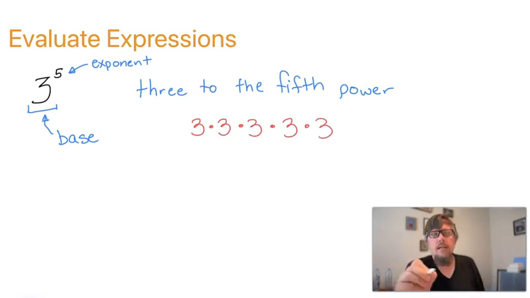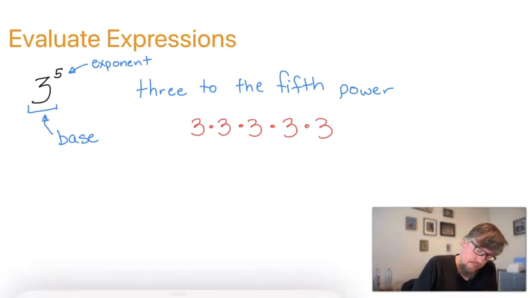This means do 3 times 3 times 3 times 3 times 3, multiplying it by itself 5 times. So exponents are a really good way to take repeated multiplication like this that normally would take up a lot of space if we wrote it and shrink it down into one term, 3 to the 5th power.